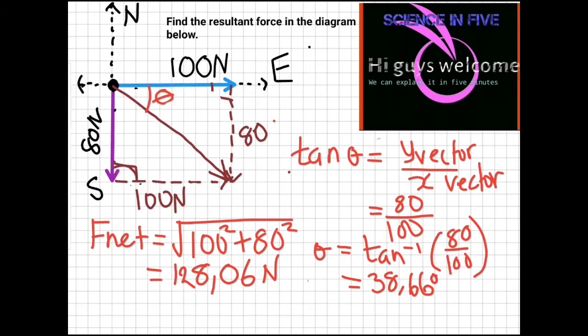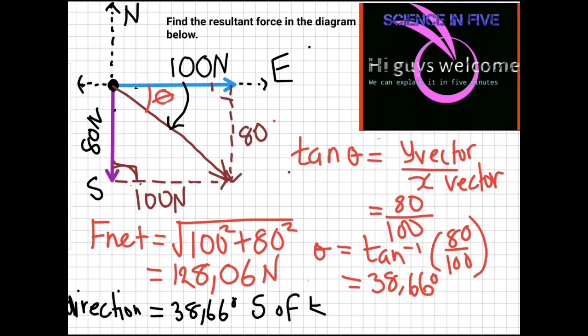So you can start by simply saying the direction will be 38.66 degrees from the east. Where you're going, if you move like that, you're going towards the south. So it's going to be south of east.